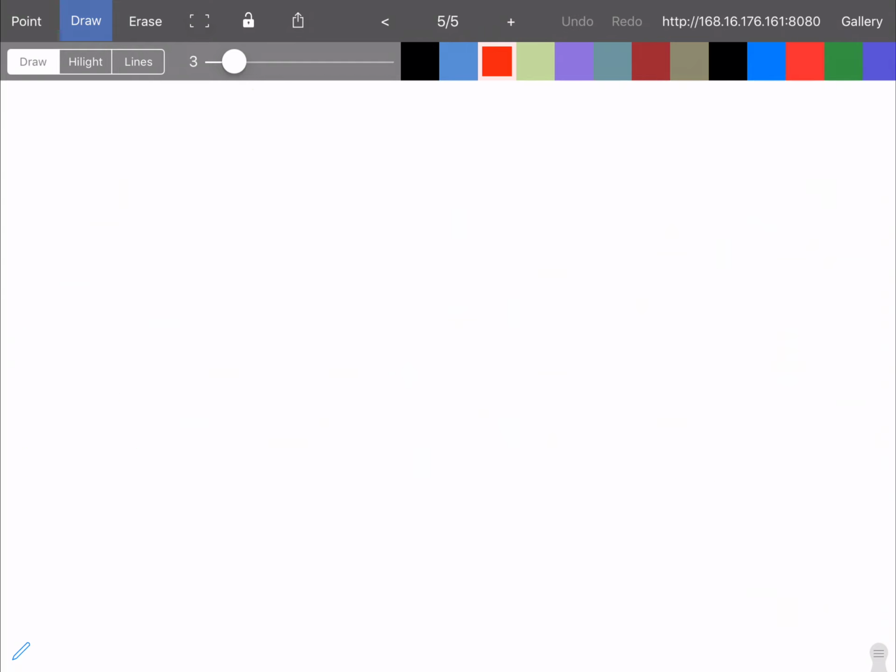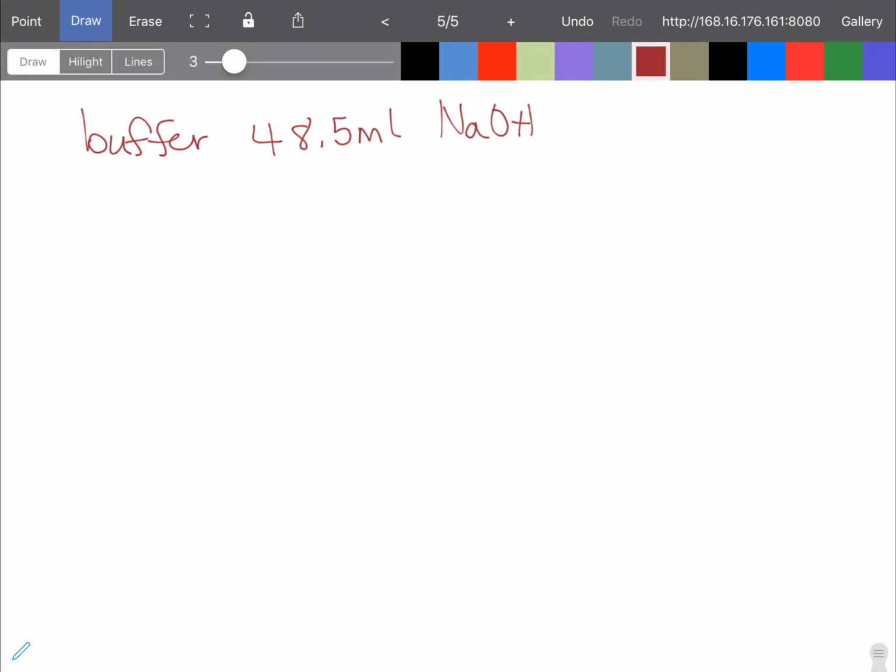Now, the last point we didn't do was the buffer point. So for a buffer, we're given 48.5 milliliters of sodium hydroxide. Now, when we look at that, what that means is that we have added 11.64 millimoles of base.